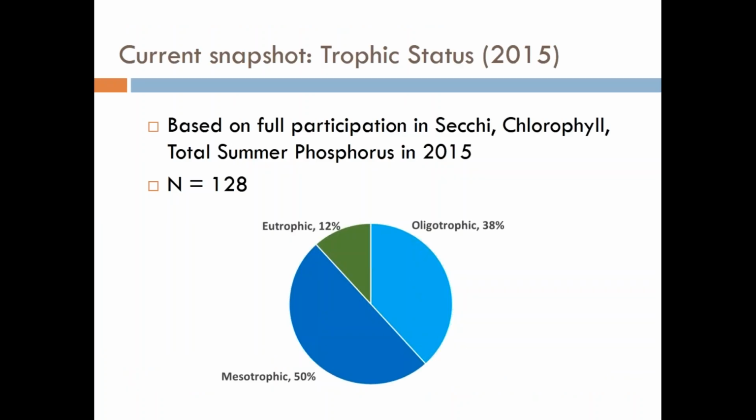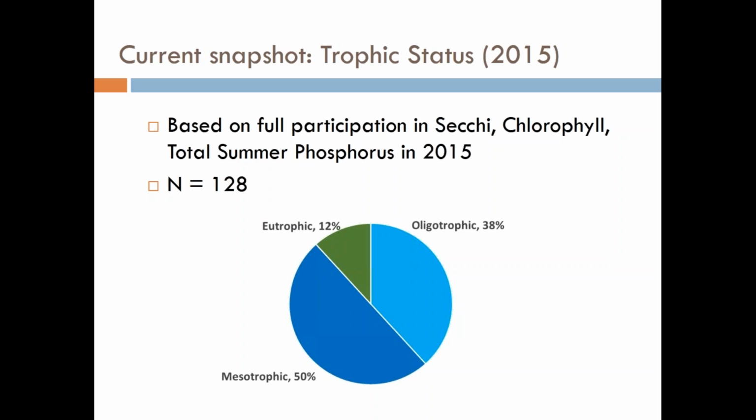Across the state, well, to be more accurate, I should say, across the state for lakes that are enrolled in this program, this is what we see. Fully half of our lakes are in that mesotrophic category. 38% are in that low nutrient oligotrophic category, and then 12% of our lakes are in that eutrophic category.